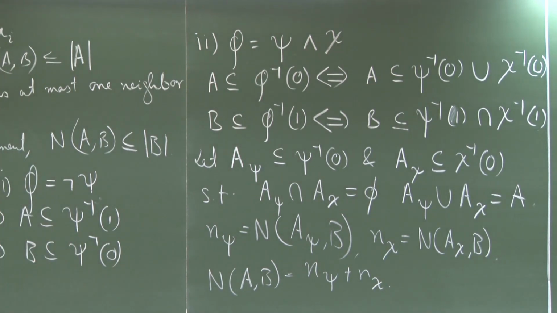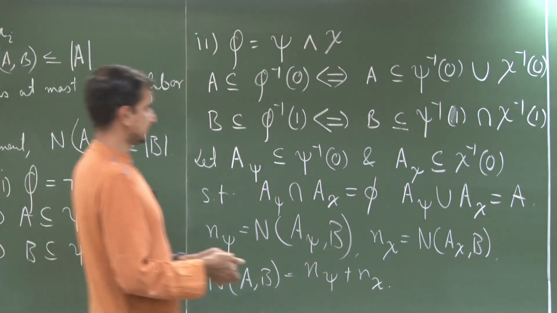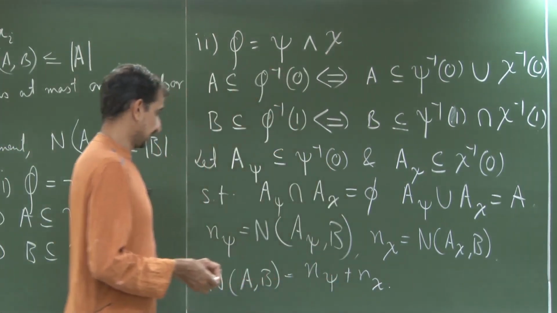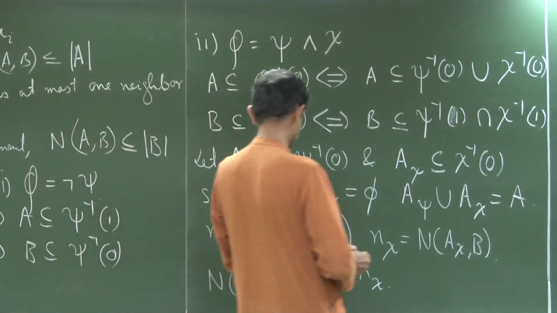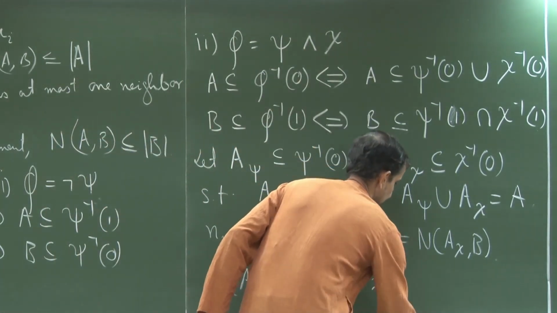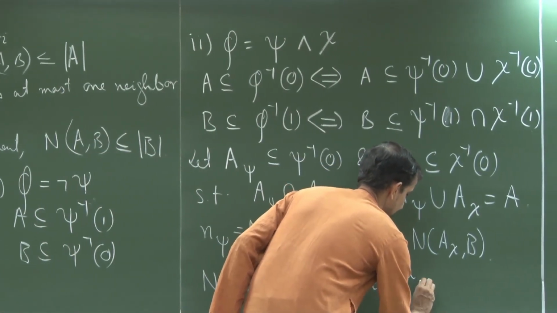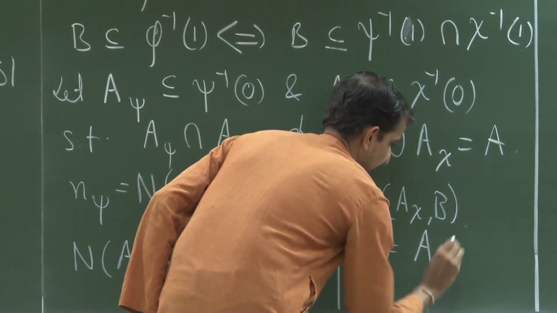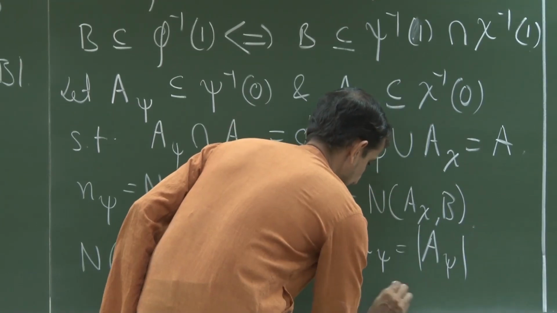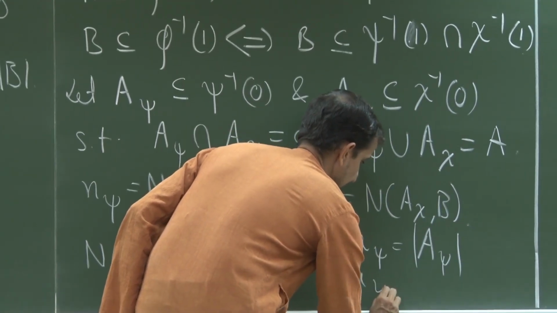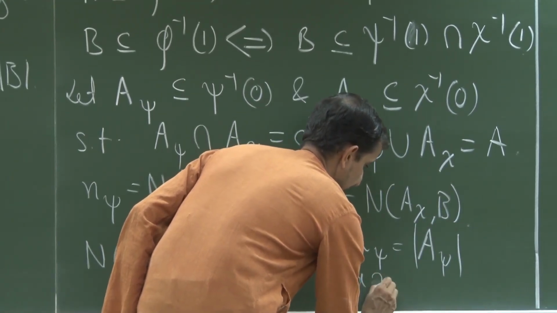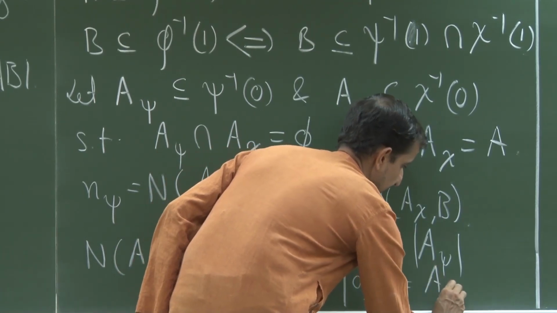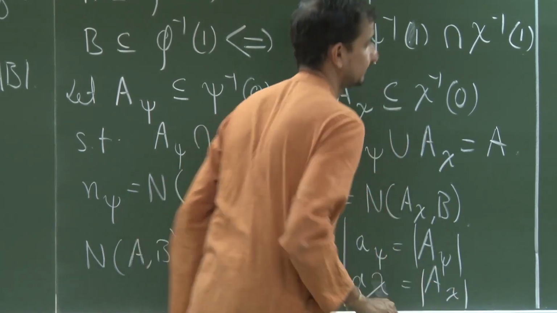So, I had a notation, I think. Let me keep one more notation over here so that it becomes a little simpler. Let small a_psi be the size of this set and small a_chi be the size of this.